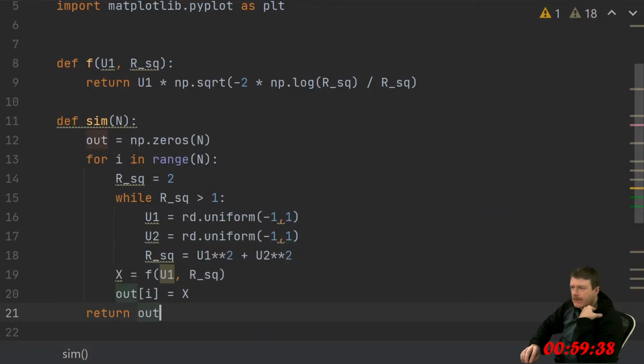Wait, what is the function doing? U1. And what was U1? Wait, so am I actually transforming the two numbers so that they are normal? Hmm.